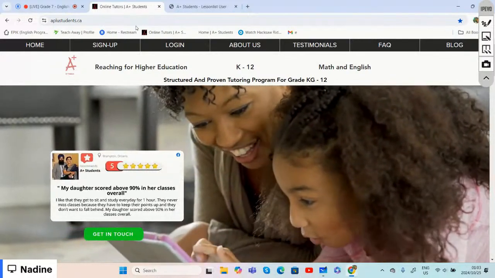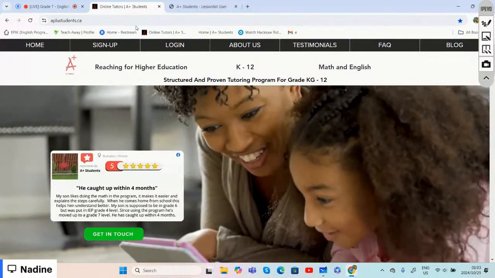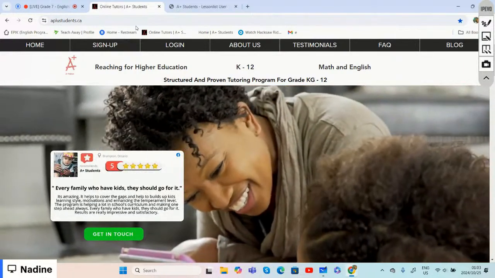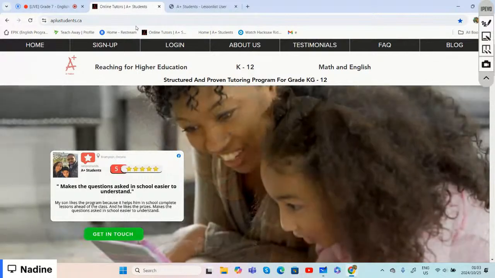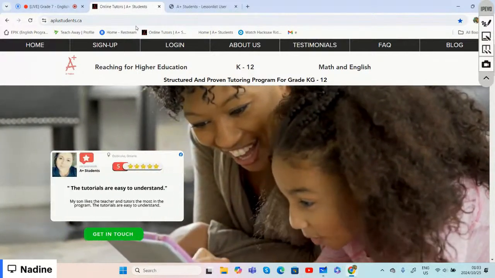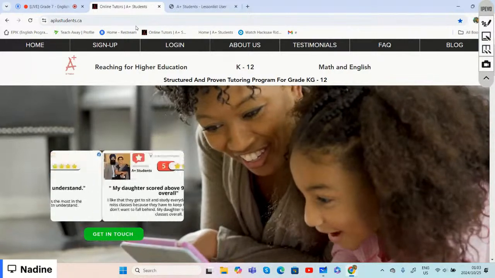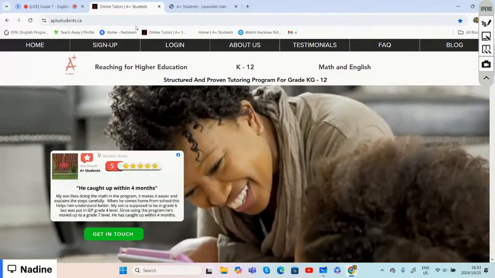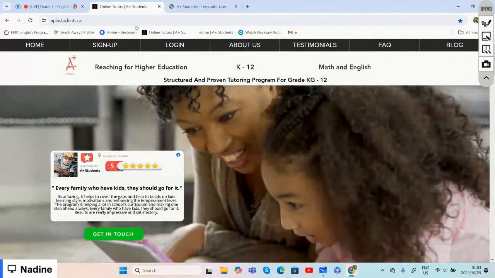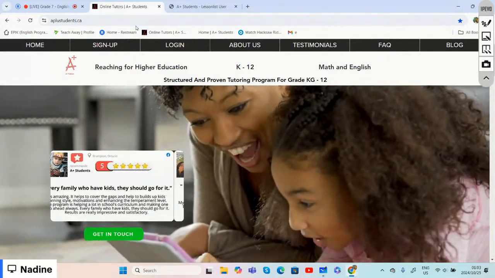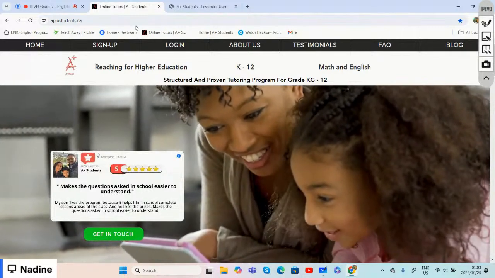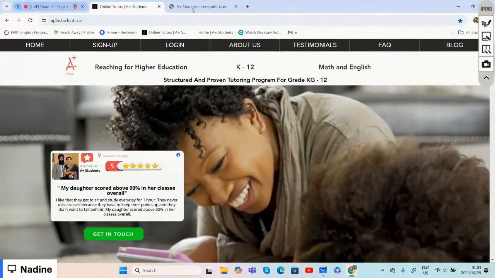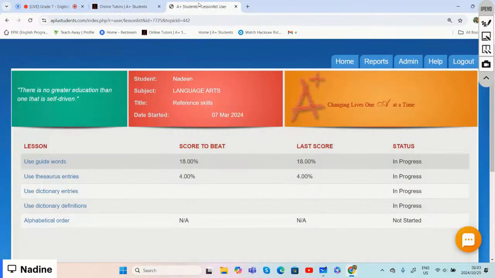Once you've logged on to aplusstudents.ca with our username as well as our password, we're going to select the subject of English Language Arts, grade 7. Then we're going to scroll down until we get to our chapter of reference skills.